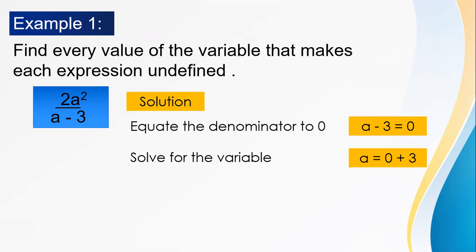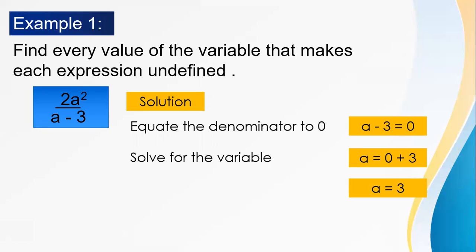Now, all you have to do is you transpose negative 3 from left to right. So if we have negative, then it will become positive. So ang gagawin mo lang, ililipat mo lang yung negative 3 doon sa kabila, magiging positive 3 siya. Kung positive naman, magiging negative.